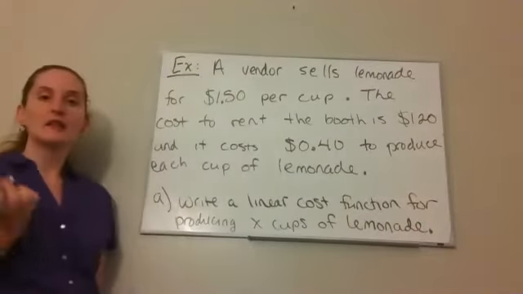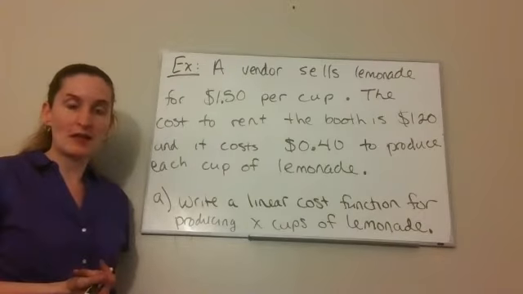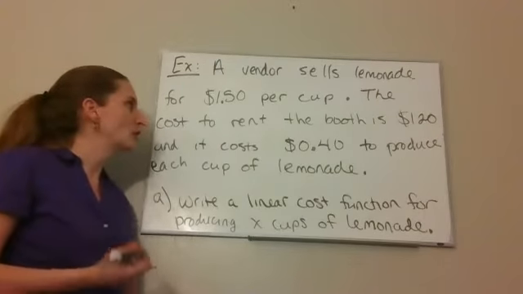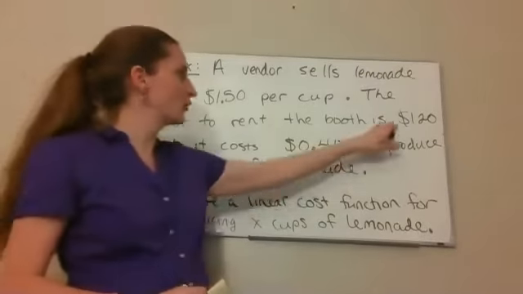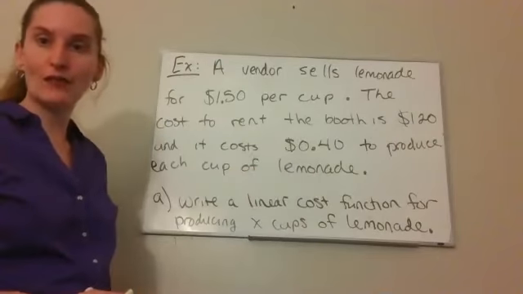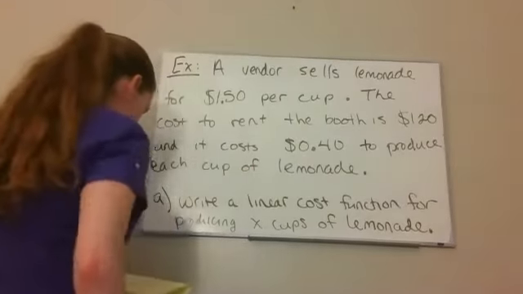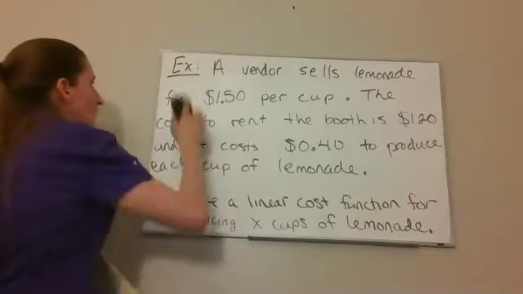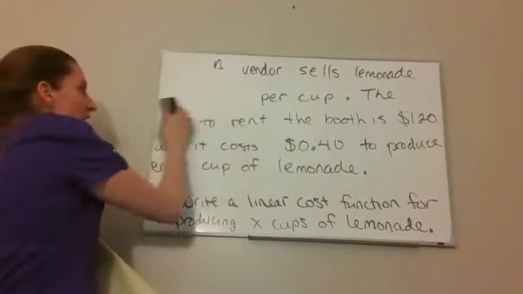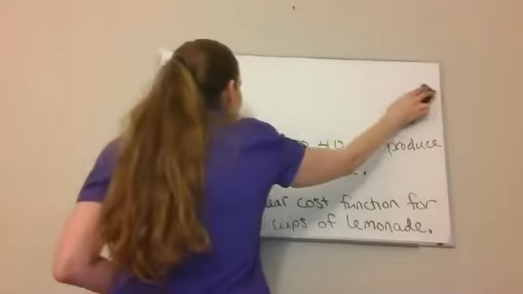So remember, our linear cost function is all of the cost to us to produce this lemonade. So this is going to include the fixed cost of the $120 for the booth, and it's going to include this 40 cents for every single cup of lemonade that we're producing. Your fixed cost was the B, and your variable cost was the cost per cup.